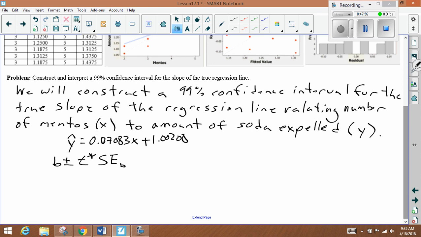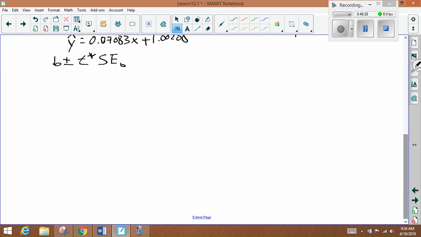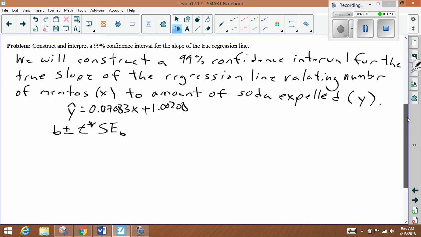Okay. And standard error is already given. The cool thing about this is there's a formula for that, right? So you have your standard deviation divided by standard deviation of x times the square root of n minus 1. We don't really need that for this because we've been given what the standard error is. But it's nice to have.